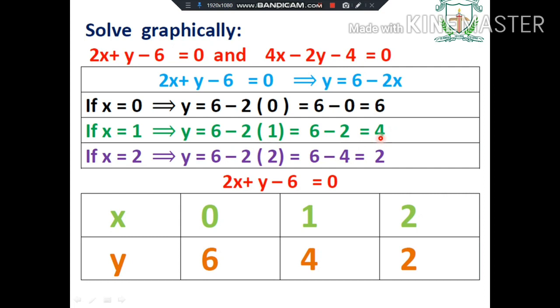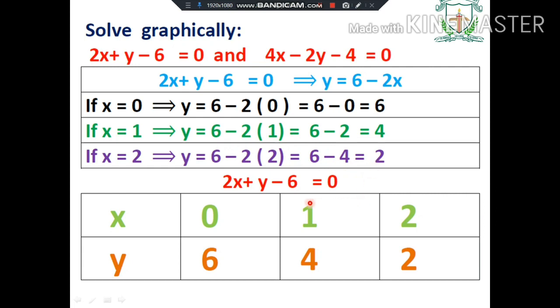So we need to give one more value. We have taken here x is equal to 2. So y is equal to 6 minus 2x becomes y equals 6 minus 2 into 2. Write 6 as it is. Minus 2 twos are 4. 6 minus 4 is equal to 2.